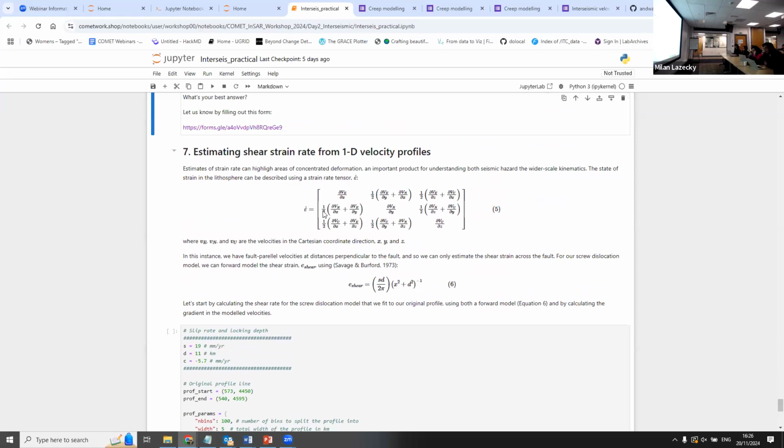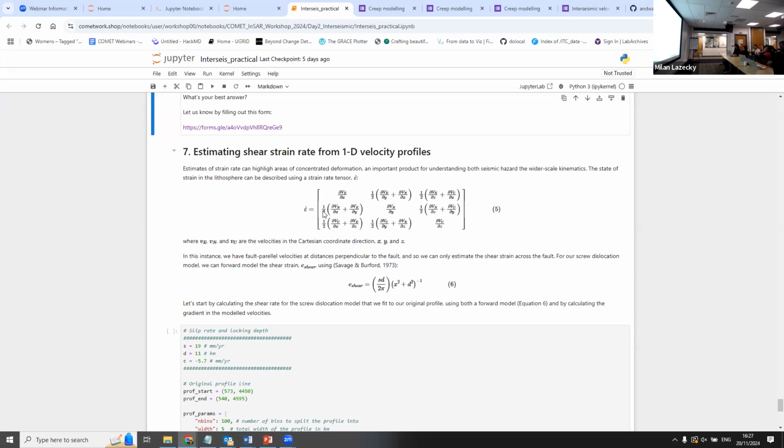We can estimate shear strain rate from 1D velocity profiles. So why should we study shear strain rate? Because shear strain rate can highlight the areas of concentrated deformation. If you look at the velocities, sometimes it's not very clear because of block rotation and noise. You don't exactly know where the concentrated deformation is.